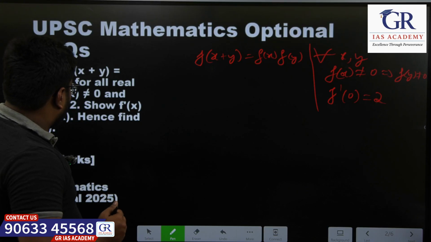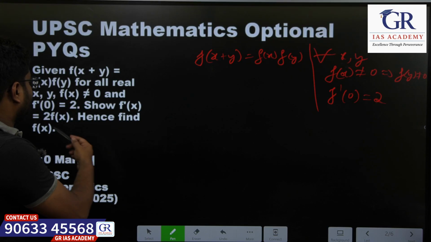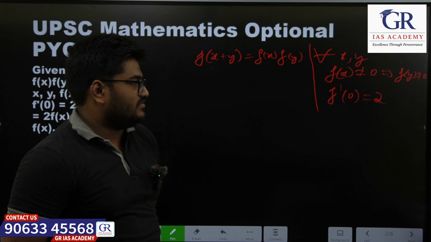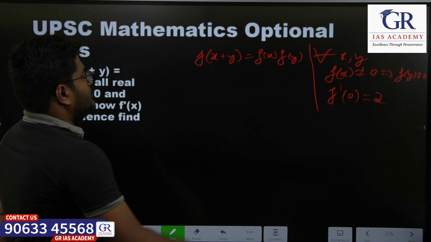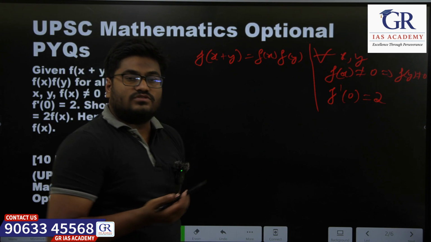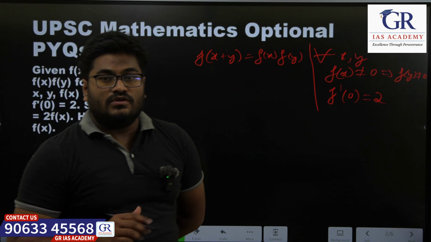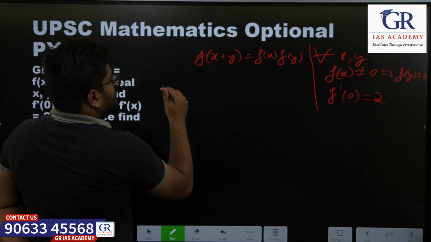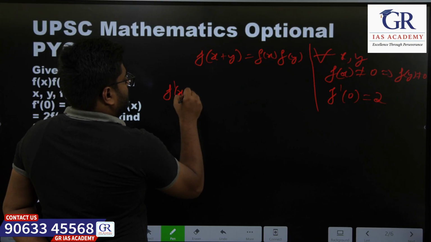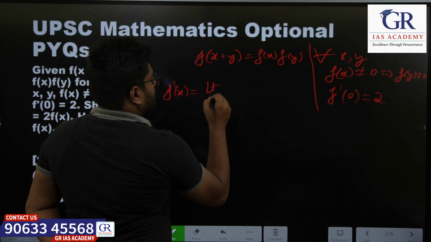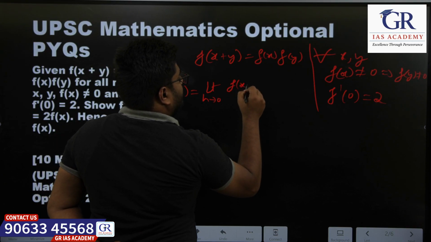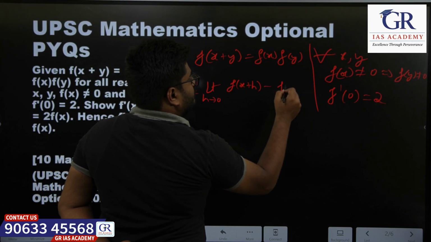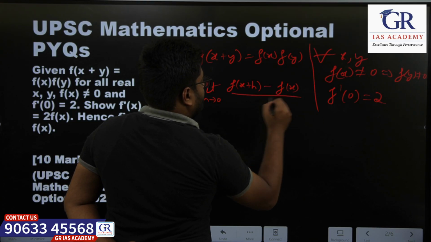What we need to show first: the derivative of the function is equal to double the function itself. That is, f dash of x equals 2 into f of x. So let's use the limit definition of the derivative. The derivative of the function is the limit as h tends to 0 of f of x plus h minus f of x, divided by h.